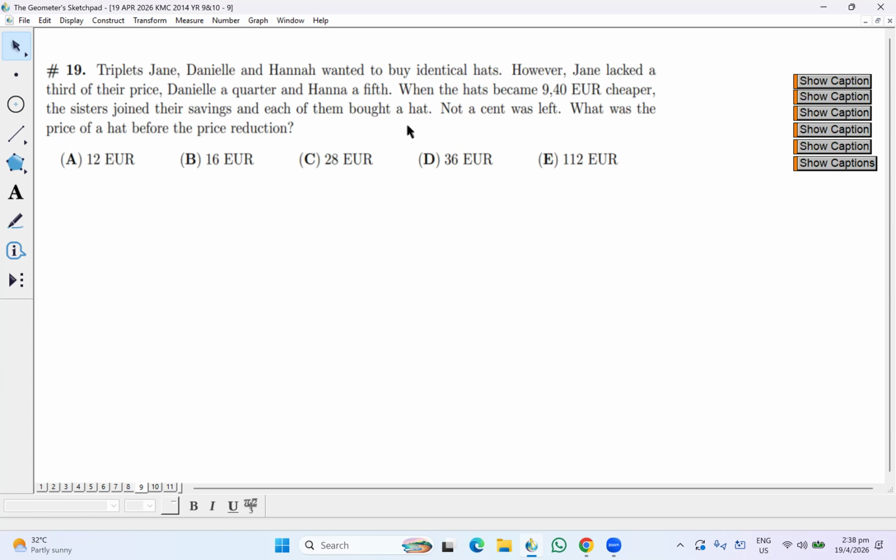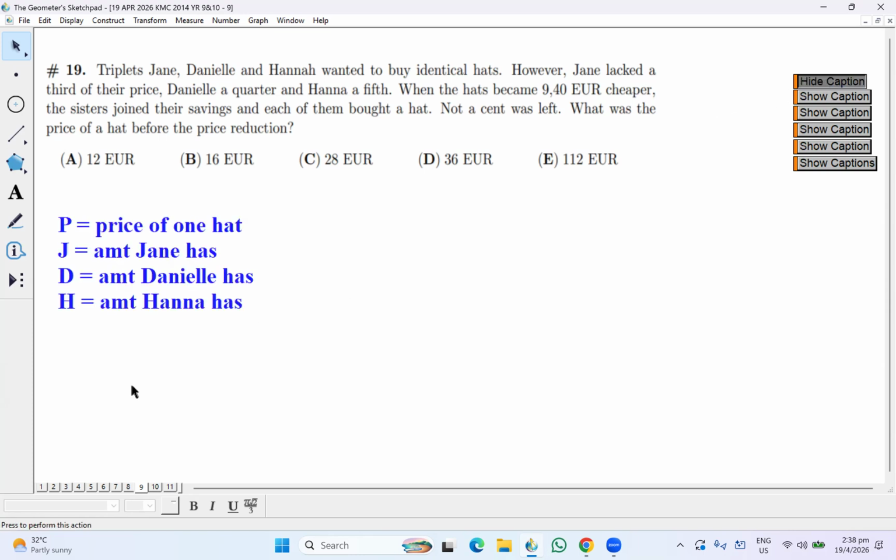So we've got Jane, Daniel, Hannah with different amounts of money, and then we've got the price of the hat. So we've got four unknowns: price of one hat, Jane's amount, Daniel's amount, Hannah's amount.